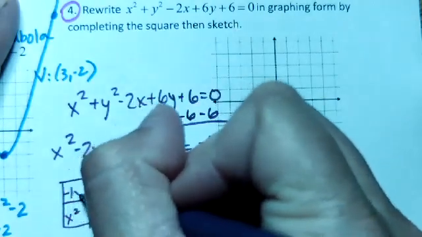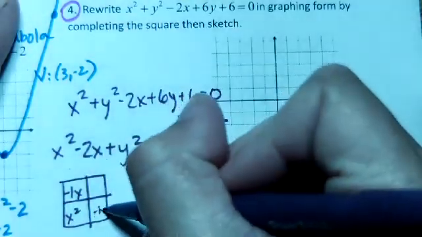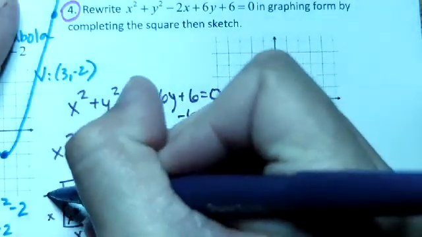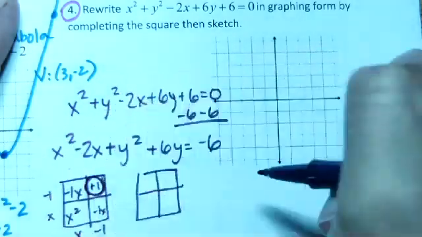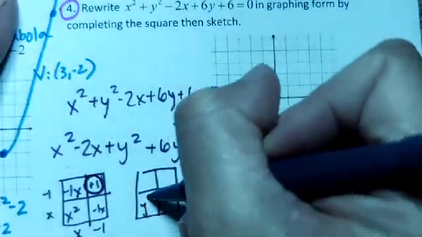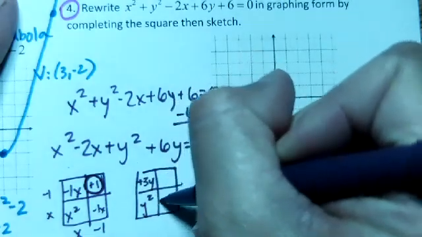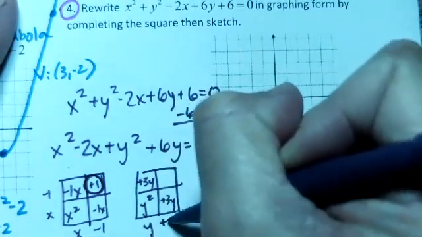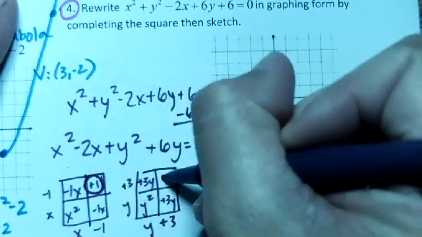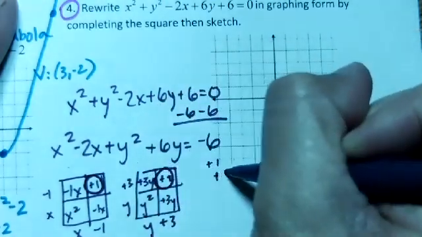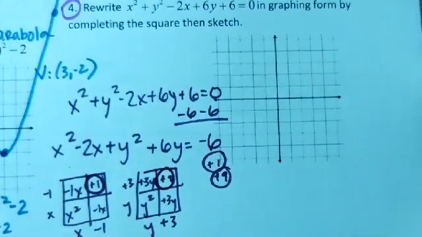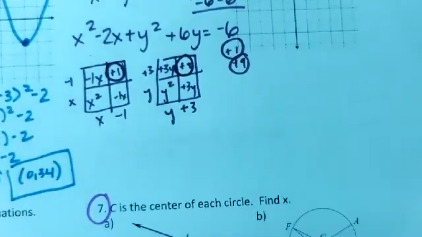So that'll be negative 1x, negative 1x. So that's plus 9. That gets added over there. I like to circle those numbers so that I remember to put them over there.